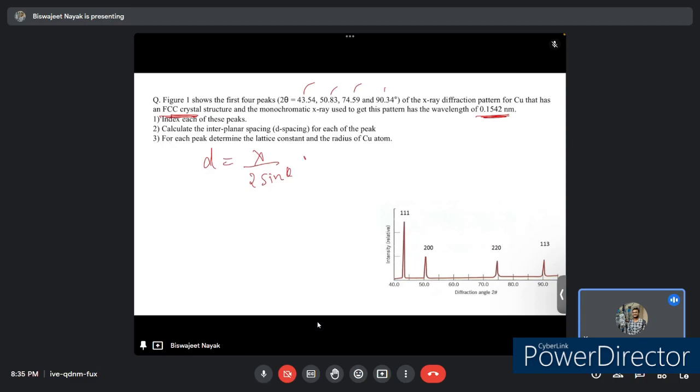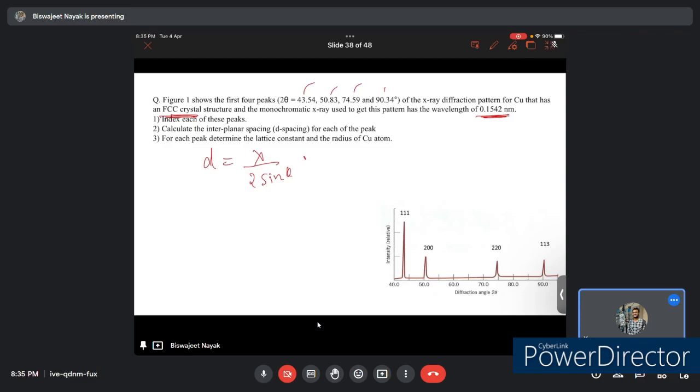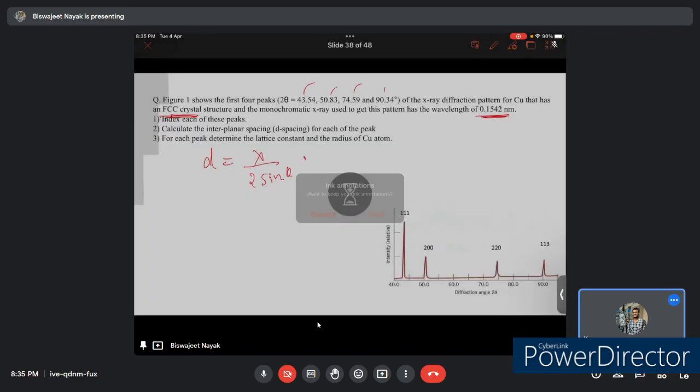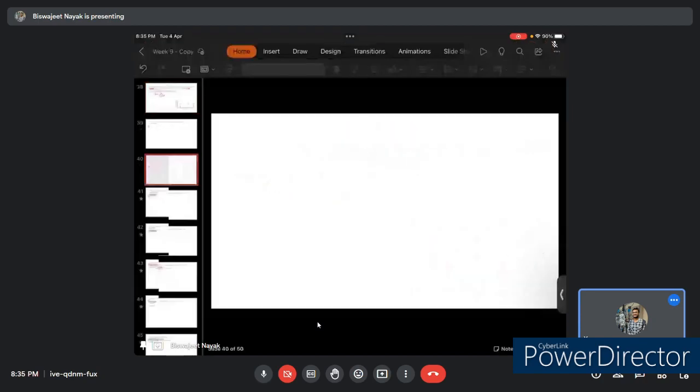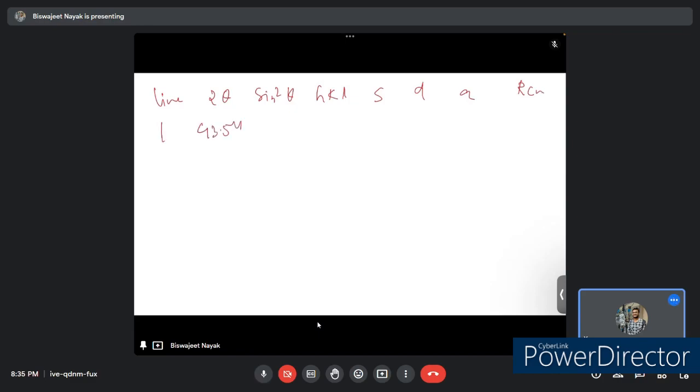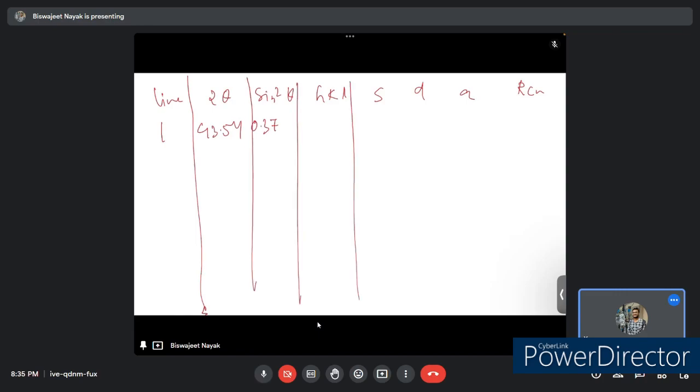So let's make one table here. Let's say for theta 43.54, sin square theta is 0.3709, and for unmixed 111 the S value is 3.